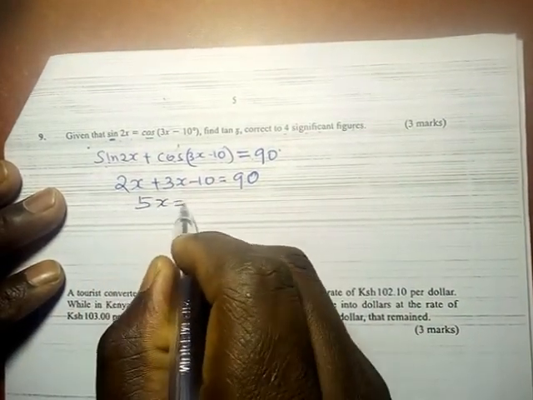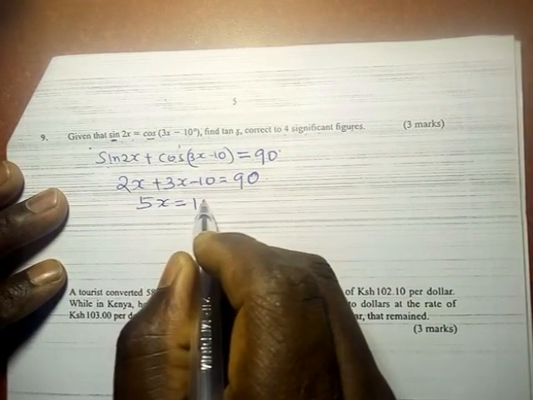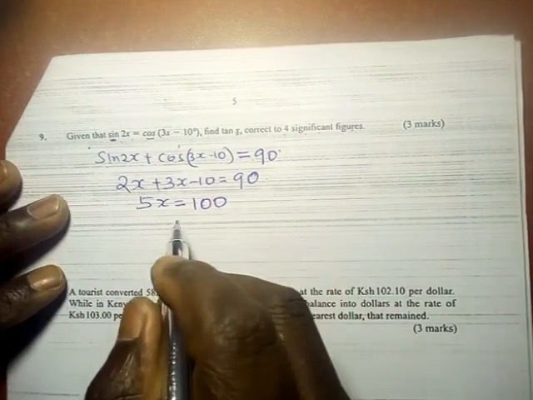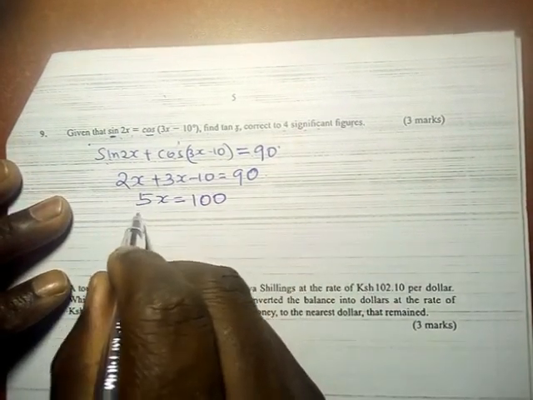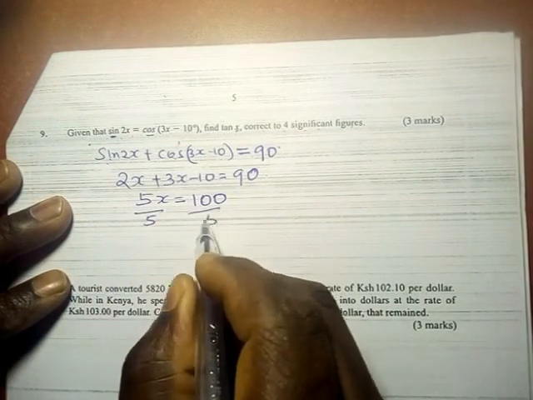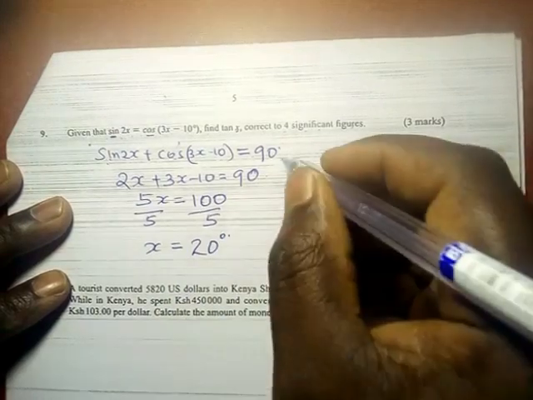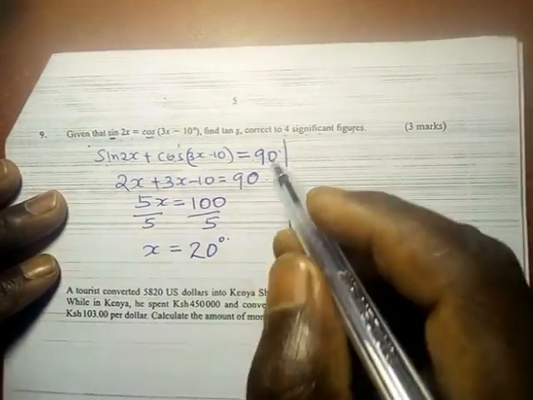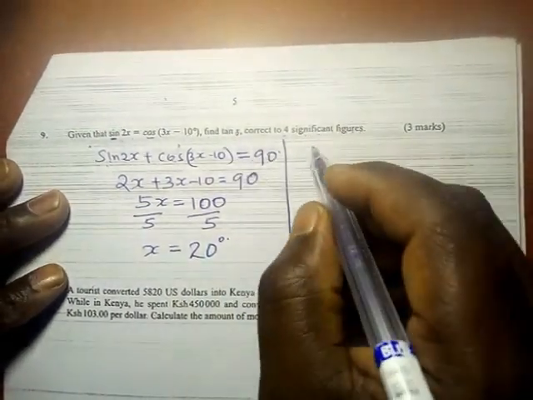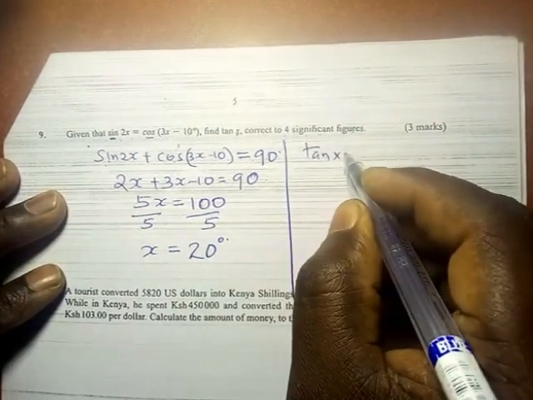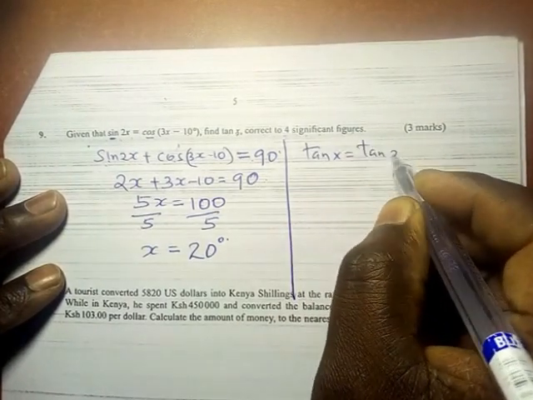5x equal to, ikikuja huku itakuwa 100. So we divide both sides by 5. So x is equal to 20 degrees. So we are asked to find tan x. So tan x equal to tan 20.